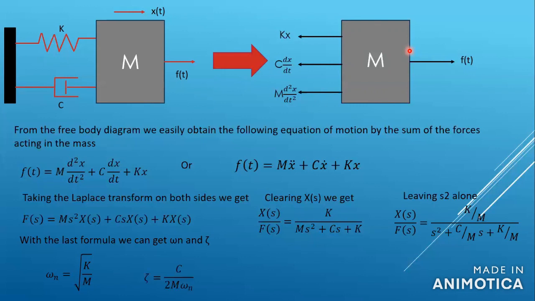Now for zeta, the real equation is 2 zeta omega n equal c over m, but I already cleared the formula for zeta. Now this zeta can be simplified more because omega n is equal to the square root of k over m, so we can simplify the expression more. And the expression that we get is zeta equal to c over 2 square root of k times m.